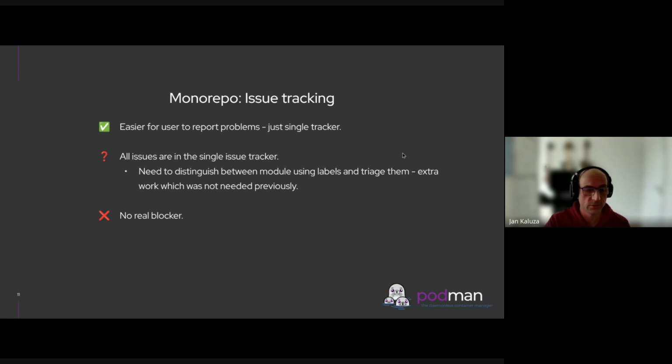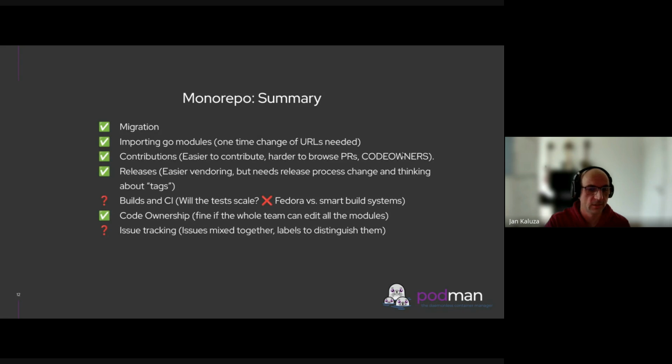So that's about issues. And here's the summary of all those previous slides. I tried to capture that the migration is not a big deal. Importing those modules is also fine. Contributions are also fine. Releases too. Of course, everything requires some work, but there are not too many open questions.